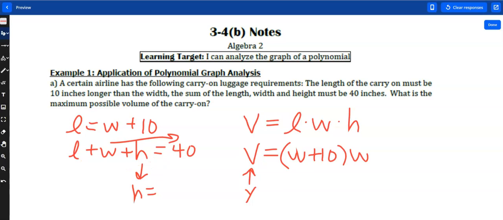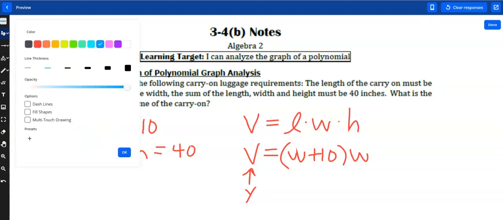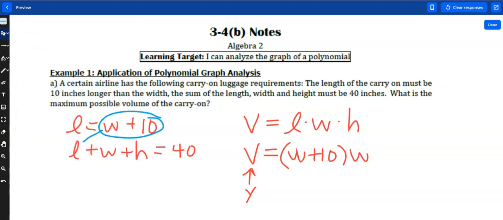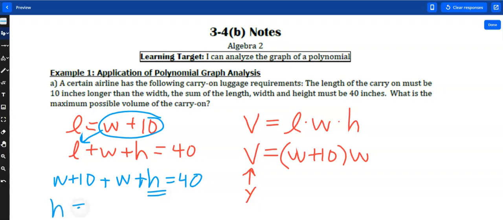Well, before I do that, maybe I should do another substitution. Like this is going to come down in this equation. So I've got W plus 10 plus W plus H equals 40. Now if I solve this for H, that would be H equals 40 minus 10 minus 2 W's, right?